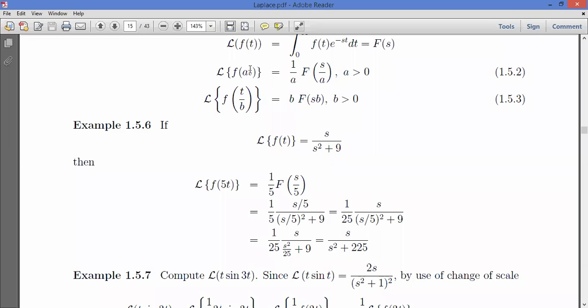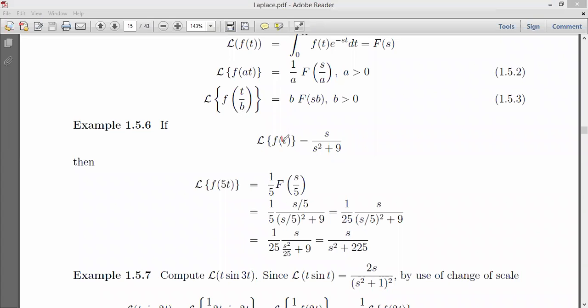I had a coefficient of 1 here, in this one I have a coefficient of 1, there is a coefficient of 1 there. Now, instead of a coefficient of 1, we have a coefficient of 5 here. So if f of t is s over s squared plus 9, now it is f of 5t.